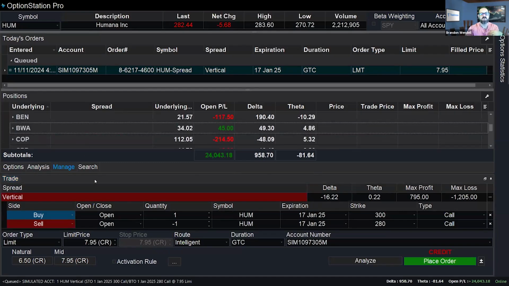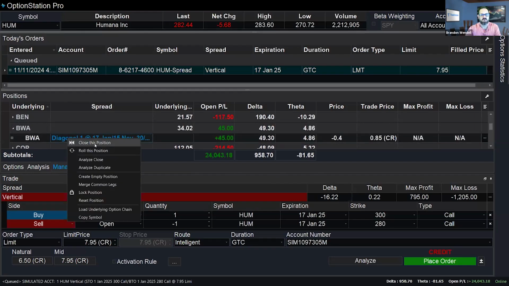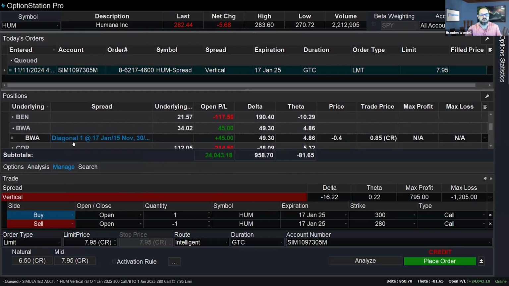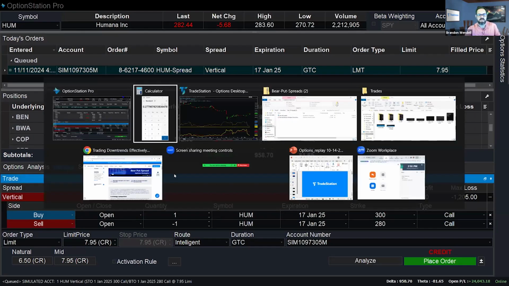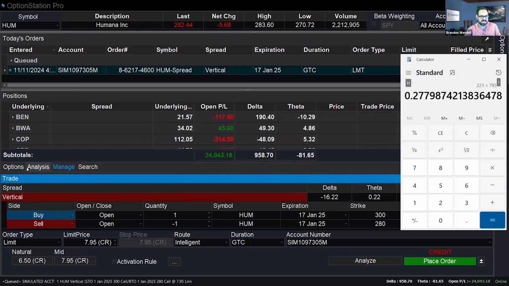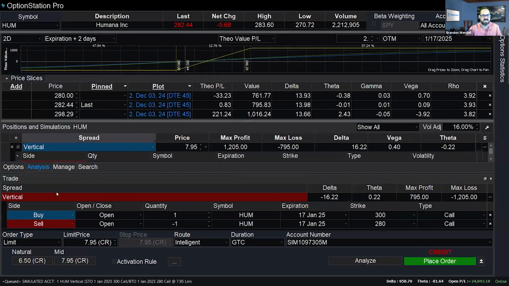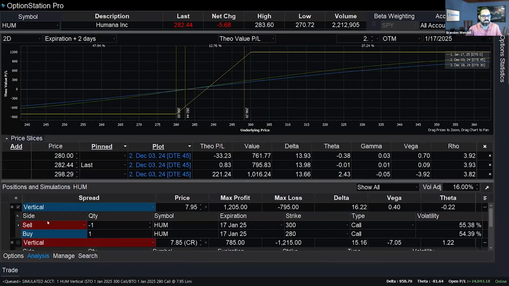I would instead go to my position, right click, and simply close this position. First of all, on the analysis page, on the original position, you minimize the trade tab, and this is the right one, yes.